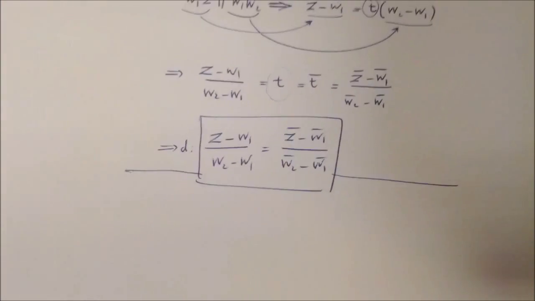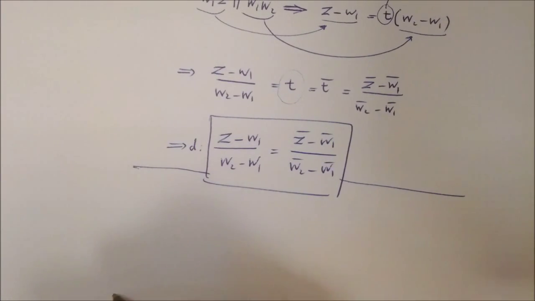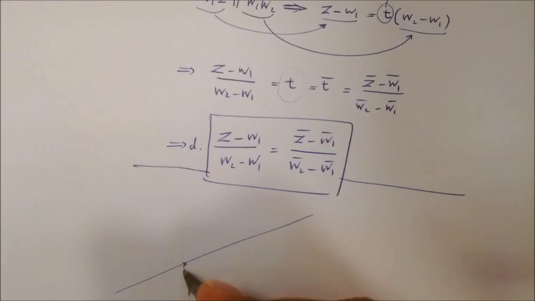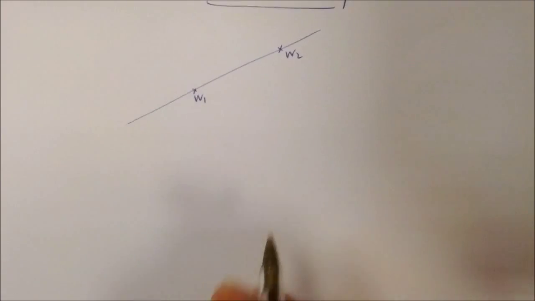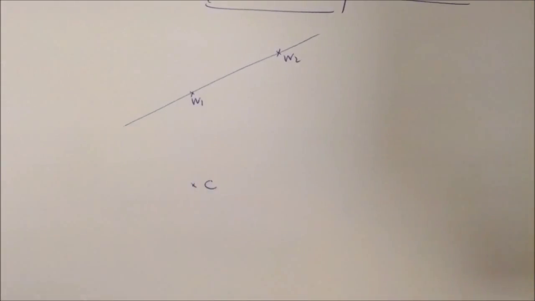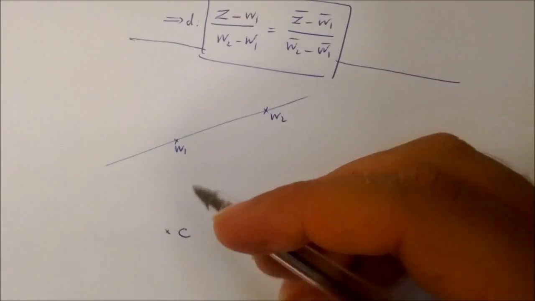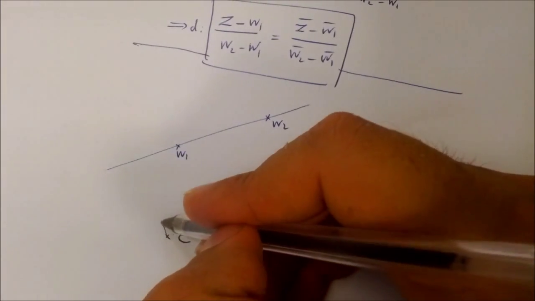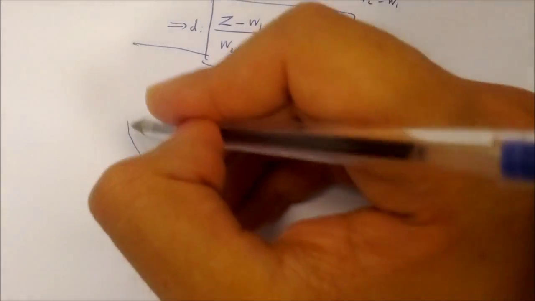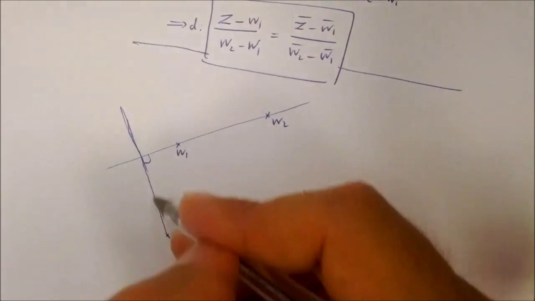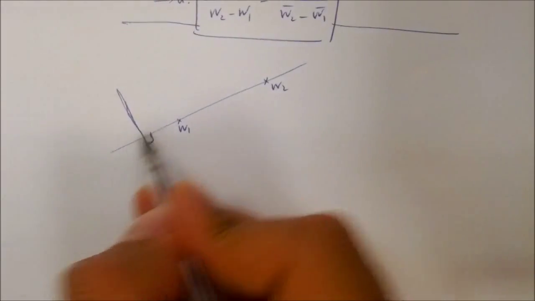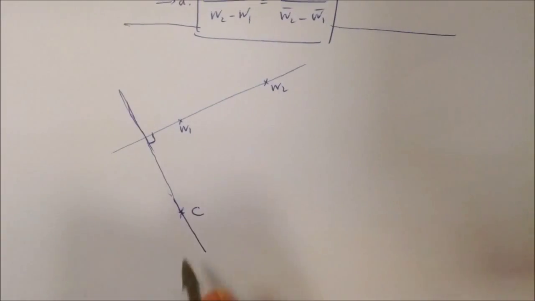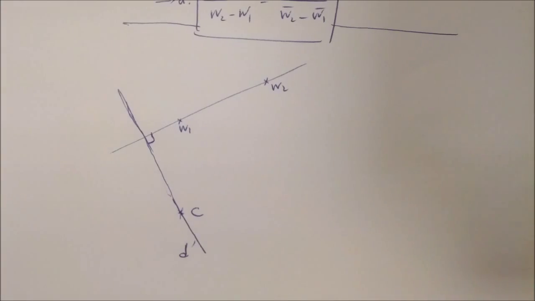In the same manner, if I consider the same line passing through w1 and w2, and if I consider another point C, and I want to have the equation of the line passing through C, which is perpendicular to the line passing through w1 and w2, this is d prime.